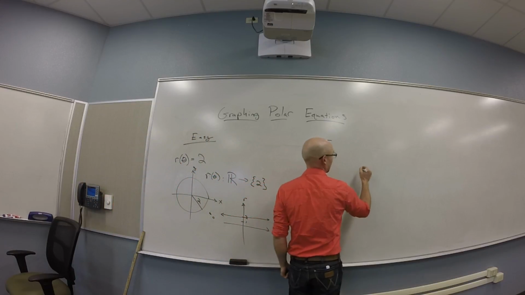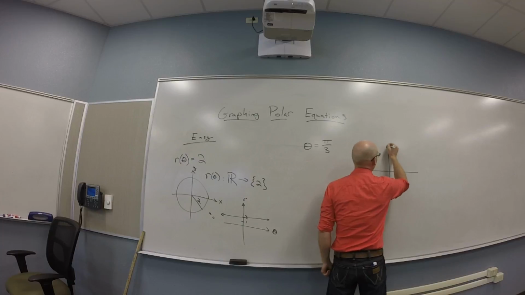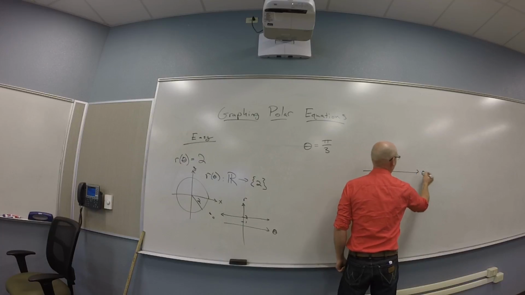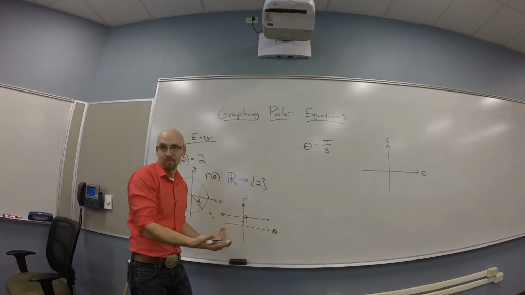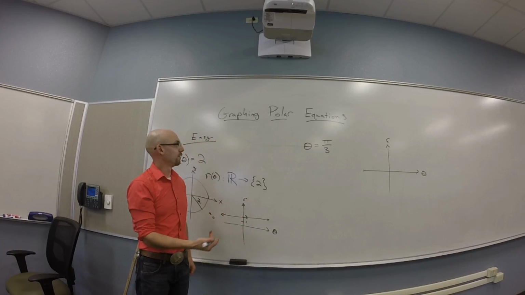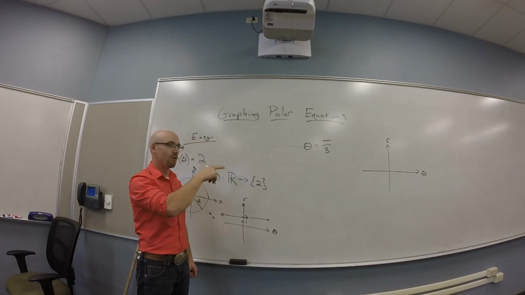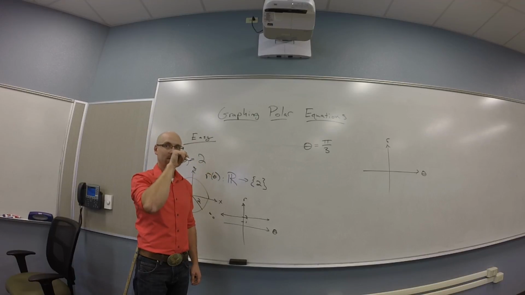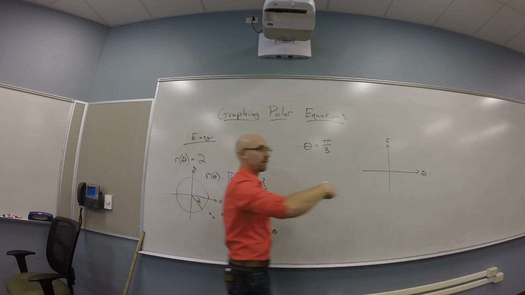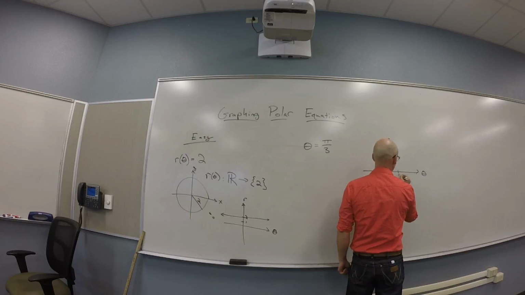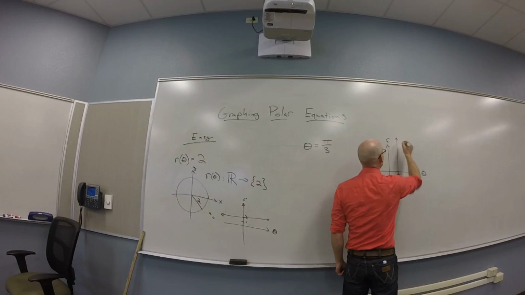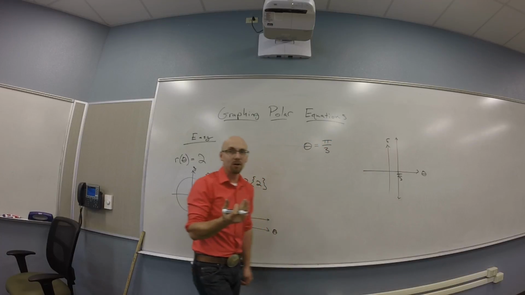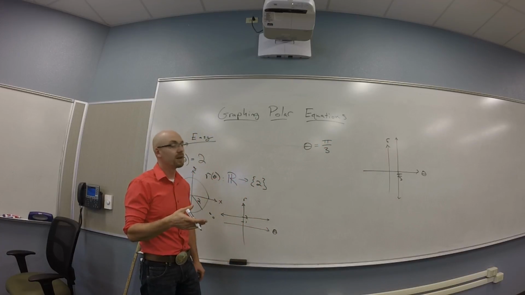So in the r theta plane, we're going to put theta that way, r this way, because that's what we did last time. In that plane, this is a vertical line at pi over 3. Because the r doesn't matter at all. The theta is just pegged at pi over 3.